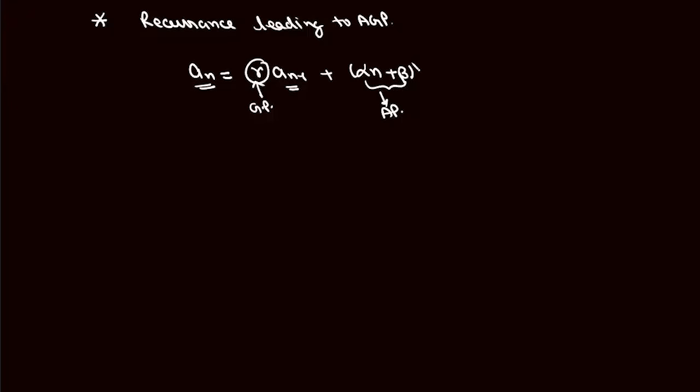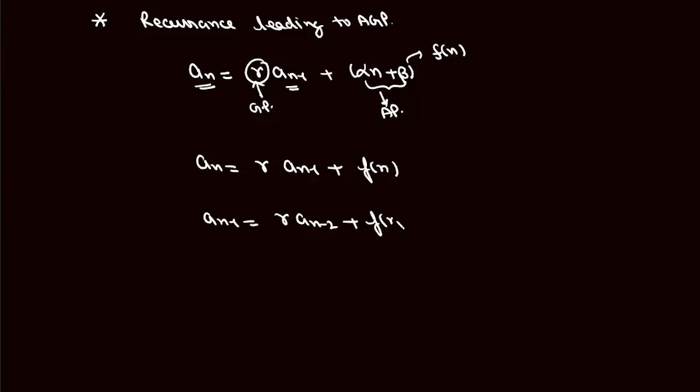So what we'll do is write this alpha n plus beta as some f_n. So we can write a_n as r a_(n-1) plus f_n. Now we can write a_(n-1) as r a_(n-2) plus f_(n-1), and we can substitute this a_(n-1) here.